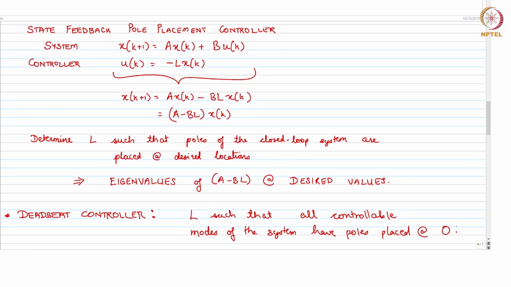Exactly what we had earlier. Just added that caveat that you can only place the poles for the controllable modes, right.